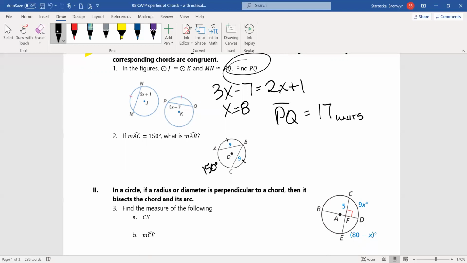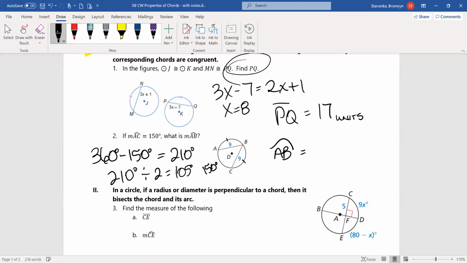So 360 minus that 150, that's 210. 210 divided by 2 is 105. So arc AB is 105 degrees.